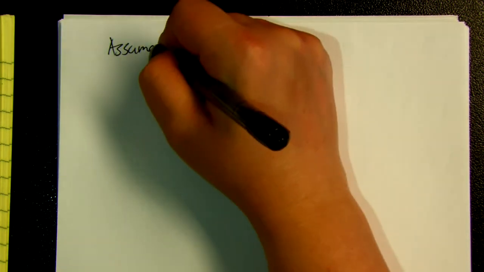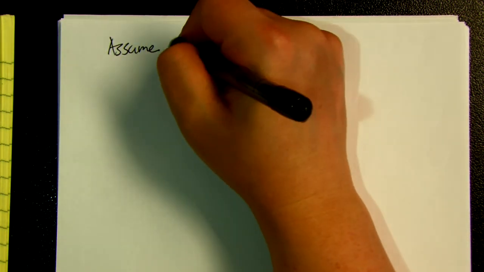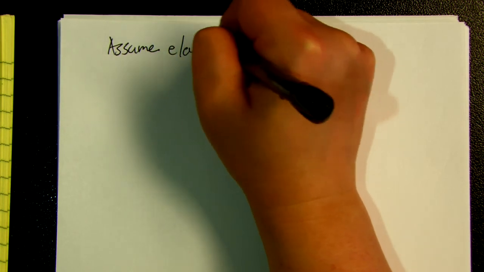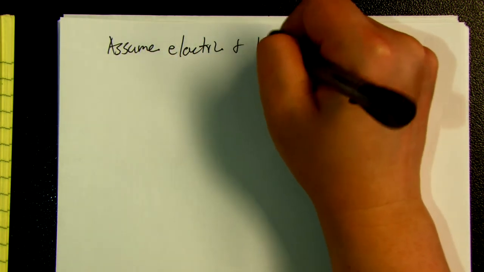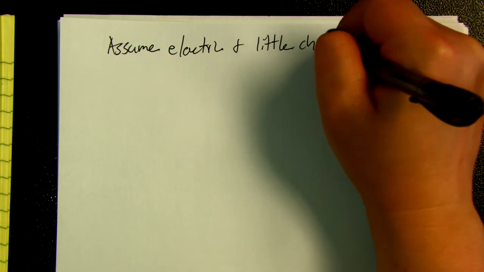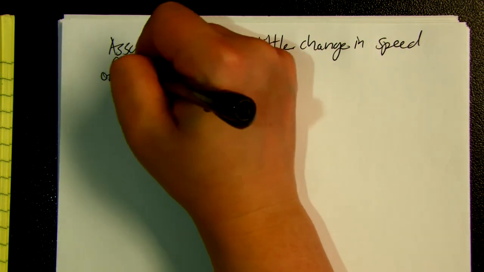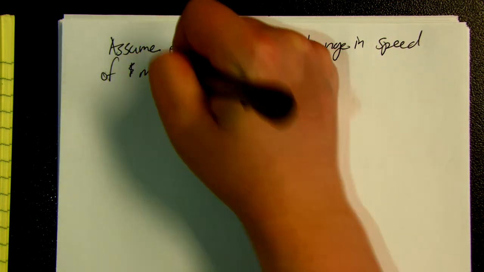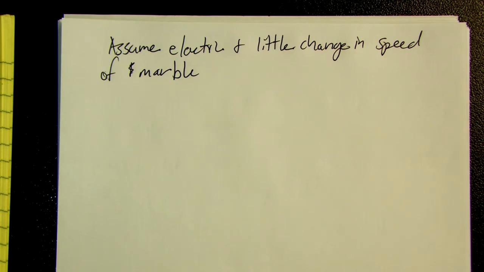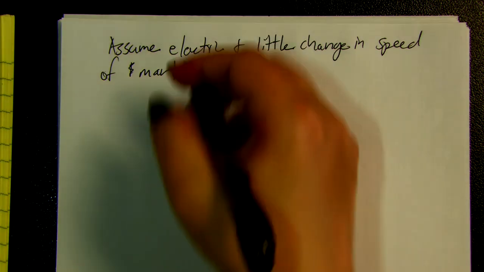All right, so first, we're going to assume that if it bounces back with about the same speed, assume elastic and little change in speed of the marble. So think all the way back to the early days of the chapters in Physics 1.